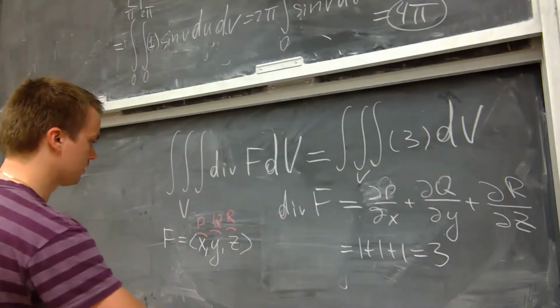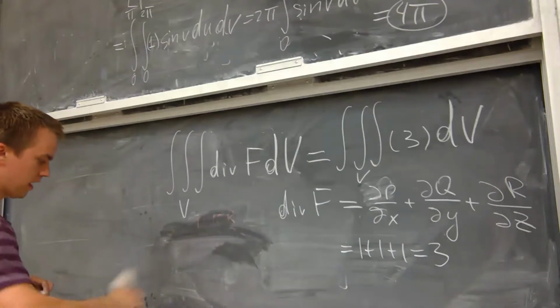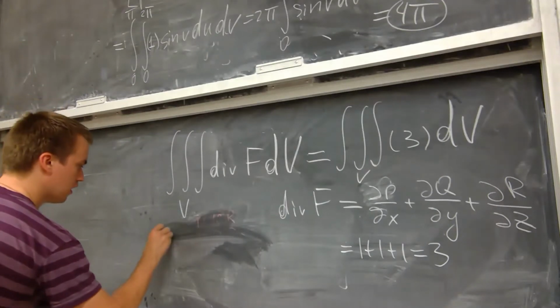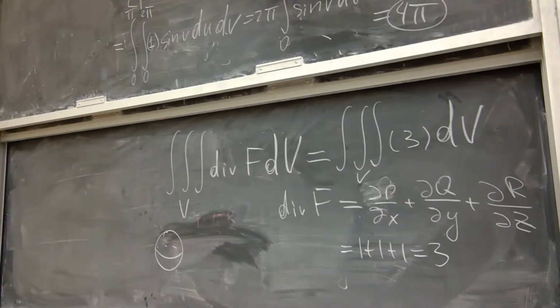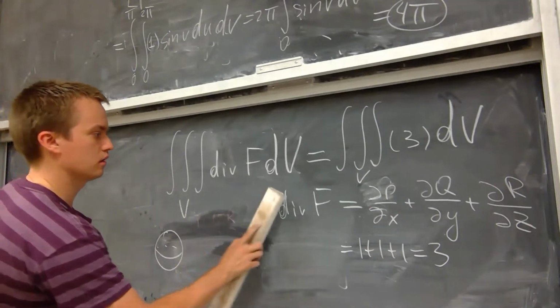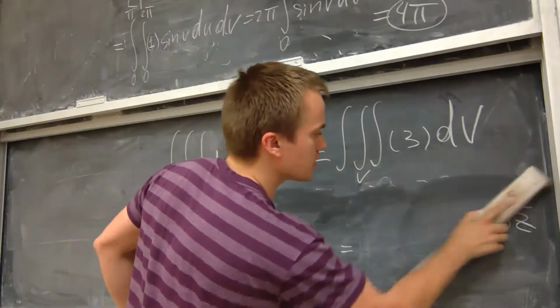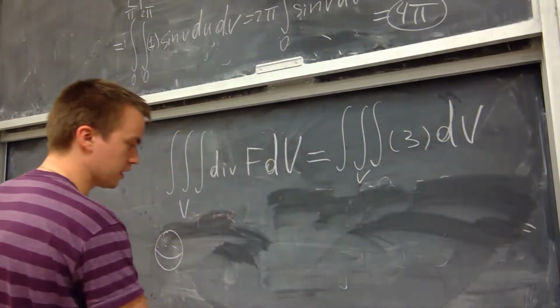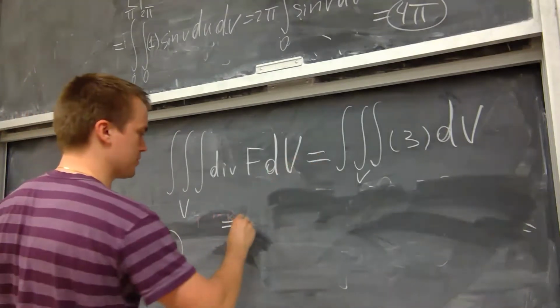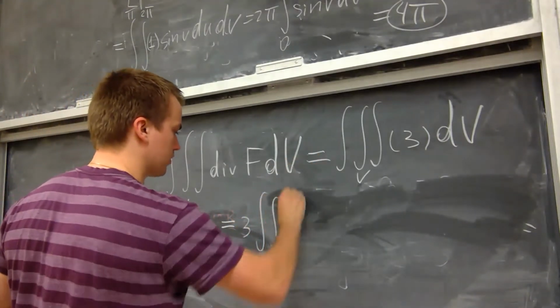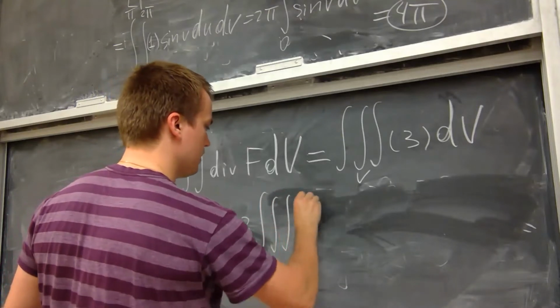But what is my v? My v is just the volume of the unit sphere. And we all know that the volume of the unit sphere is equal to 4 pi over 3. So I will factor out the 3 first. I will have the triple integral over v of dv.